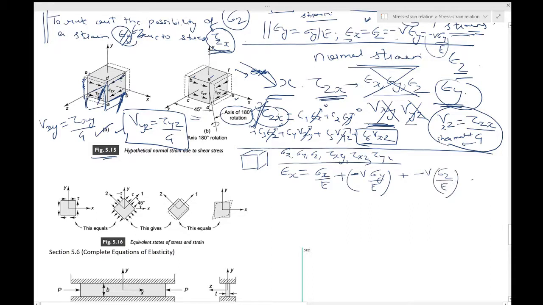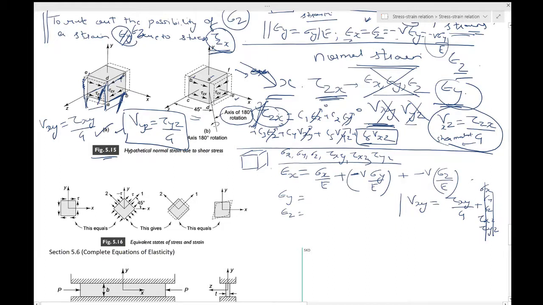Then the same you would write for epsilon y and epsilon z. Gamma xy would be there only because of tau xy. It would not have any other contribution, right? Gamma xy will not have a contribution from sigma x, sigma y, sigma z, tau xz and tau yz, and we have seen all these arguments.